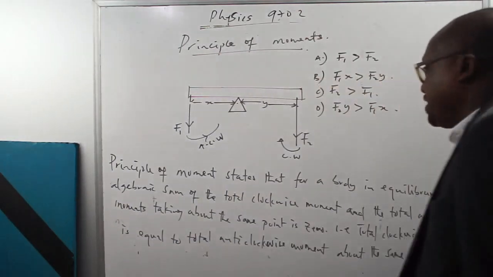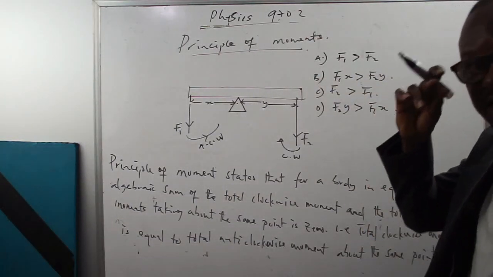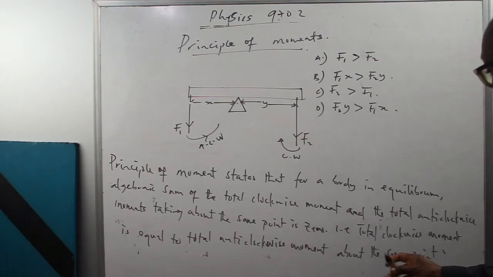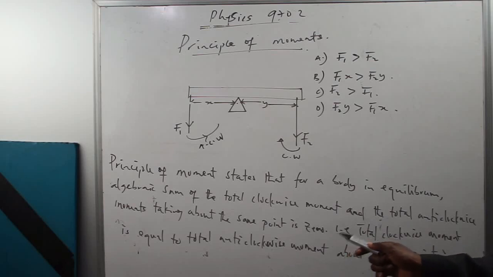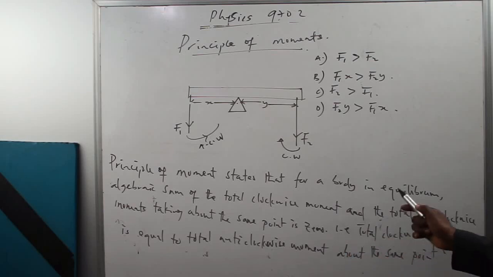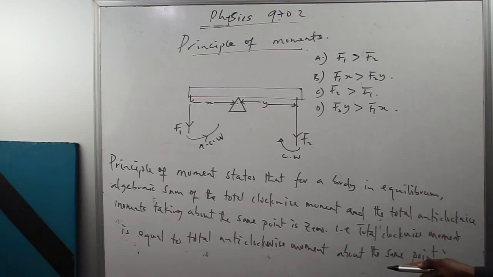So that basically means that if a body is in equilibrium, the total clockwise moment is equal to the total anti-clockwise moment about the same pivot.